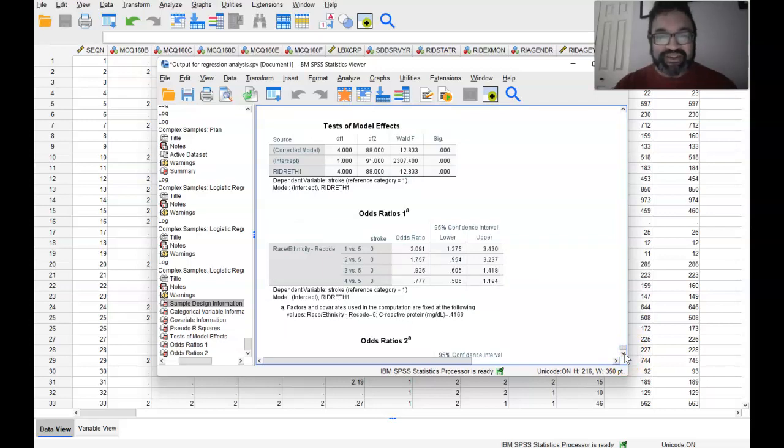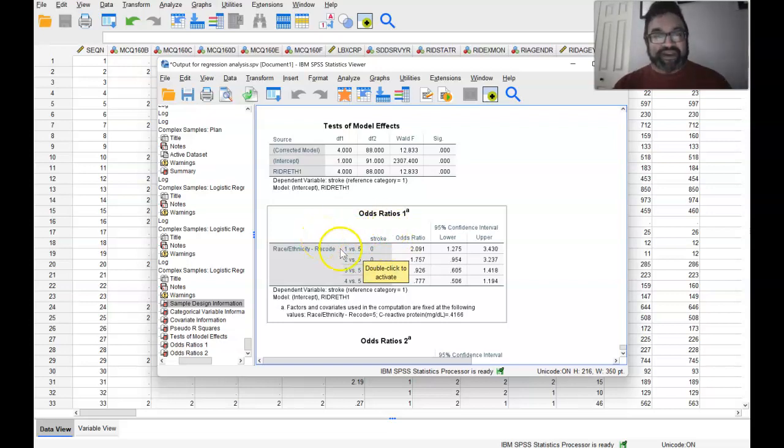This shows specifically how the odds ratio is in terms of ethnicity. So if we were to have five as the reference category, then in comparison to five, you would go back and look at what five represents.